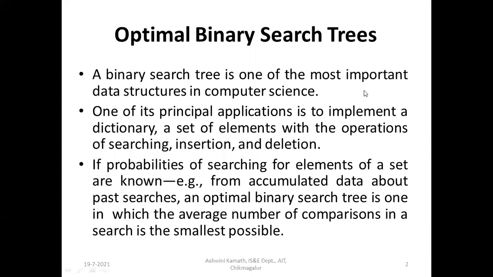If the probabilities of searching for the elements of the set are known, for example, from accumulated data about past searches. As a student, you'll be searching for textbooks, for example VTU notes on 4th sem, right?